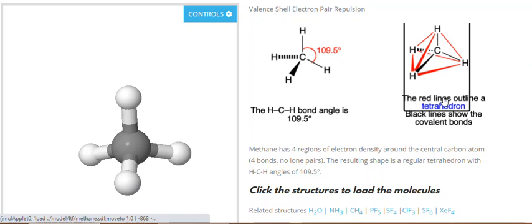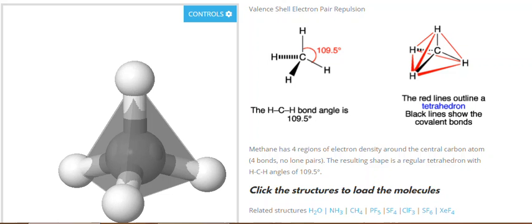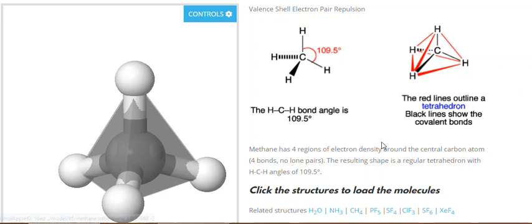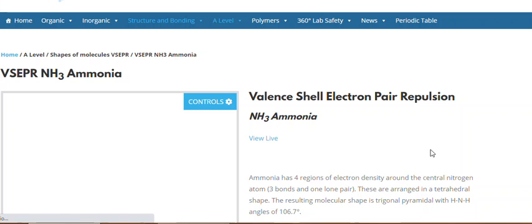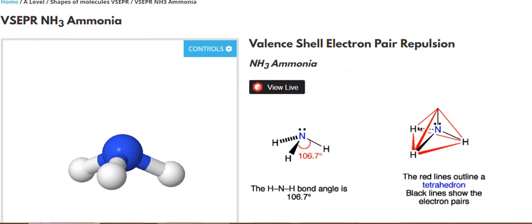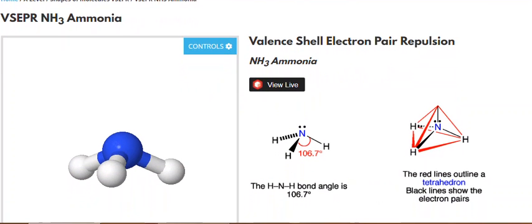When we look at it, the red outlines are the tetrahedron, and the black lines show the covalent bonds. So, if we look at the structure of methane, now ammonia, the valence shell electron pair repulsion of ammonia is like this.